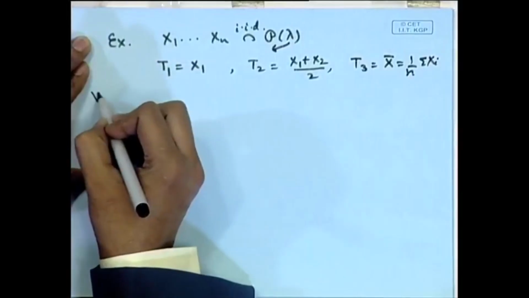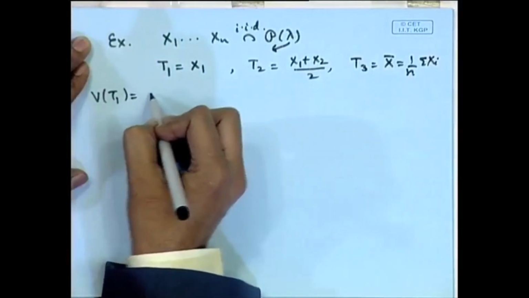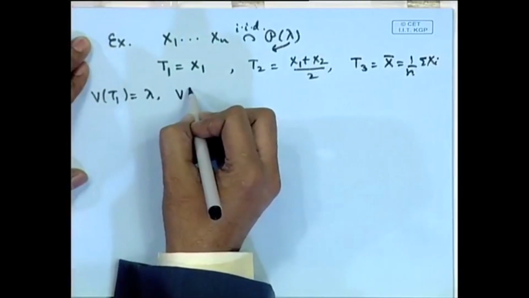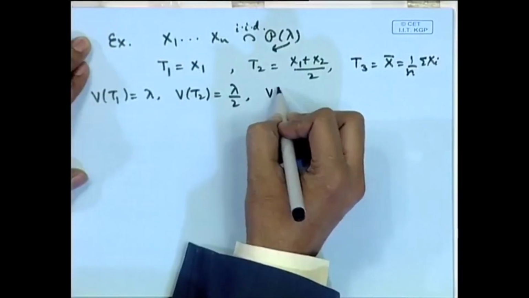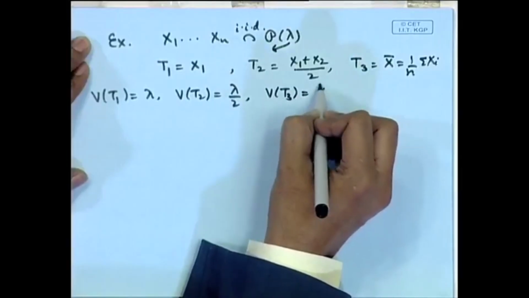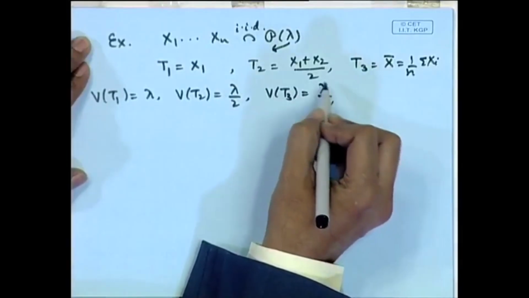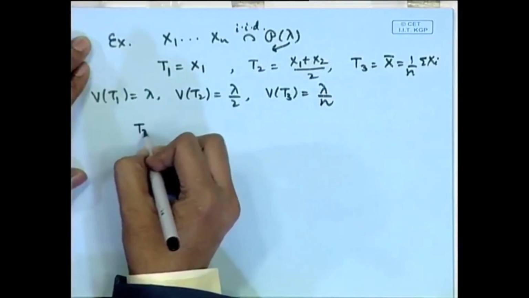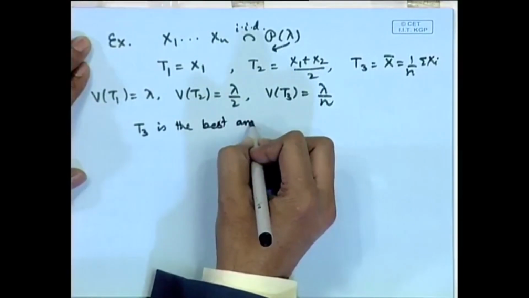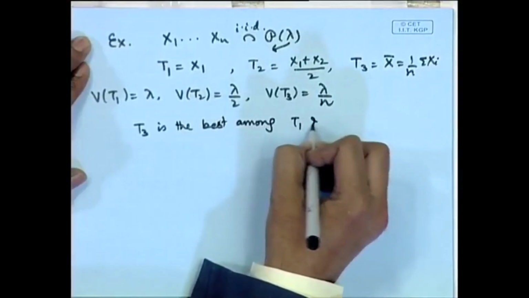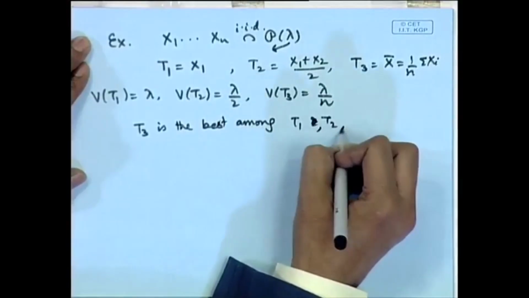Now, let us look at the variance of T1, that is lambda. The variance of T2 is lambda by 2. The variance of T3 is lambda by n. So, clearly T3 is the best among T1, T2 and T3.